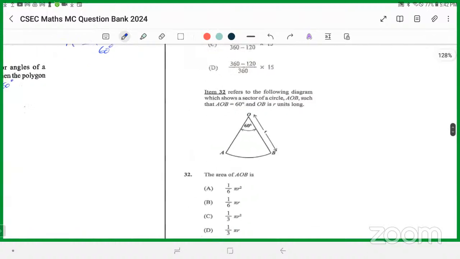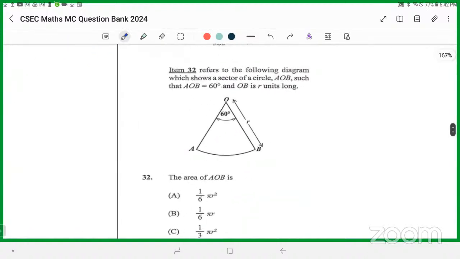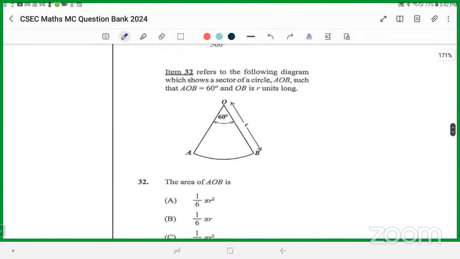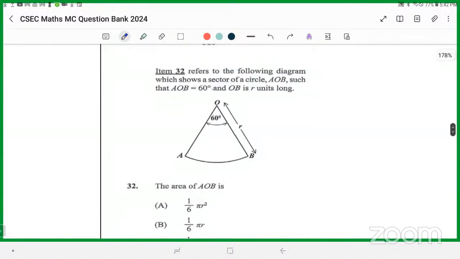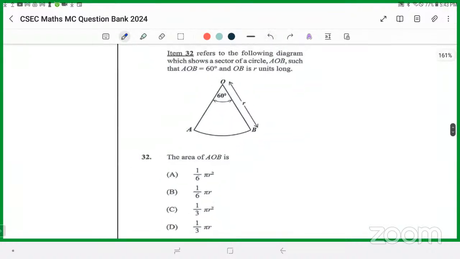This one down here says, this item 32 refers to the following diagram, which shows the sector of a circle AOB such that angle AOB is 60 degrees and the radius is R. OB is the radius. It says, what is the area? So area of a sector is a fraction of the area of the circle.